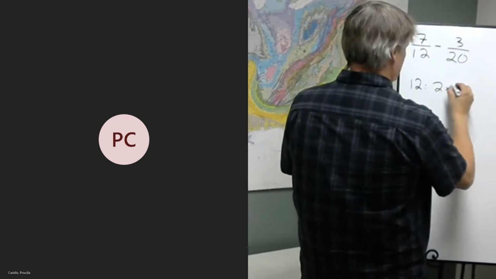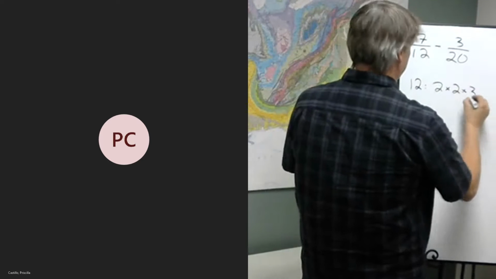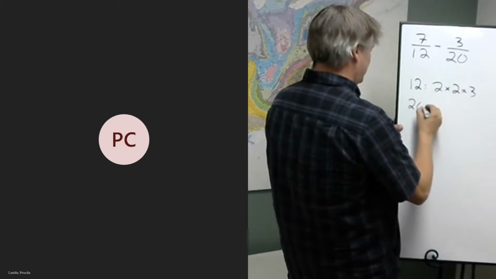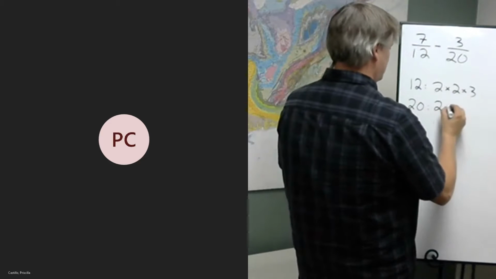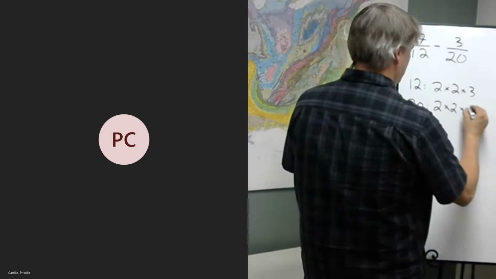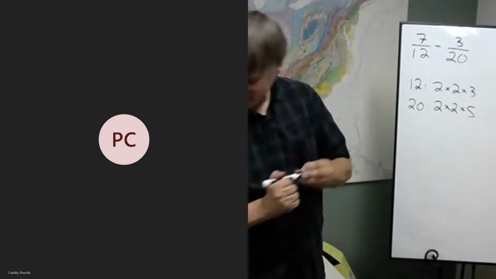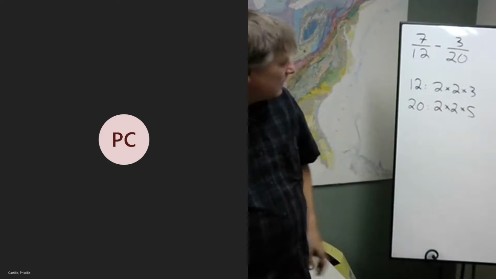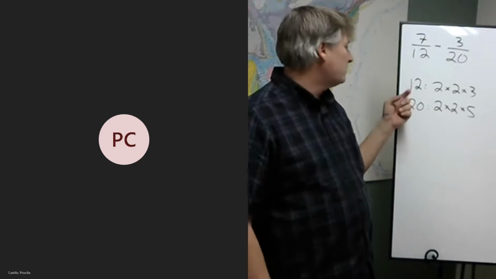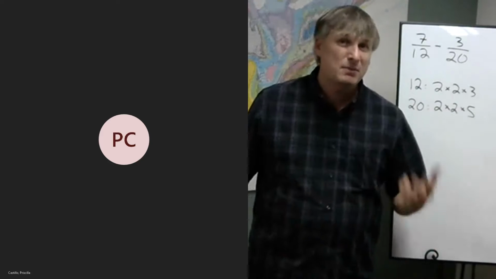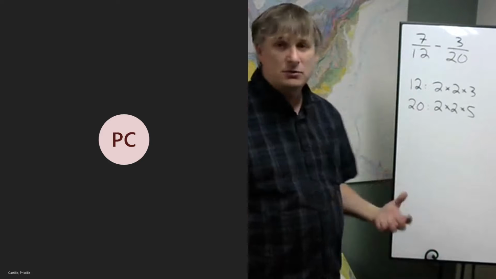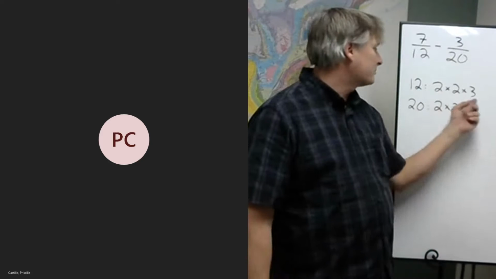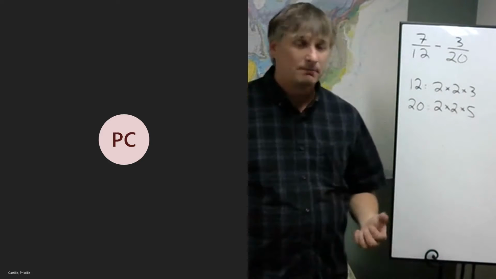So 12 is 2 times 2 times 3. And 20 is 2 times 2 times 5. Now, we want to turn the 12 and the 20 into the same number.